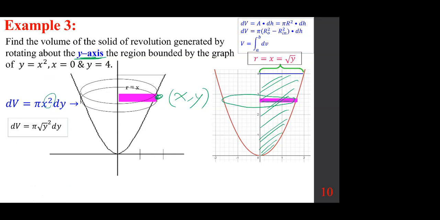If it's easier, change this to r squared, okay? So pi, the r is x, so we x squared that, and then dy. So just plug in, and we are going to evaluate the integral from what? 0 to 4.